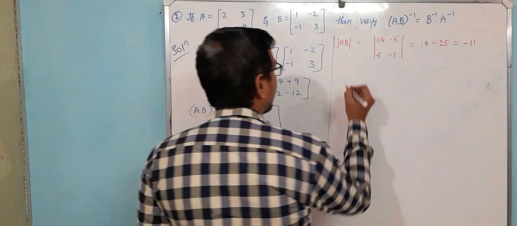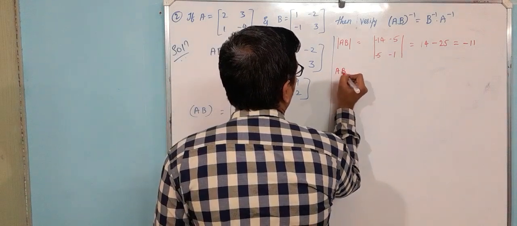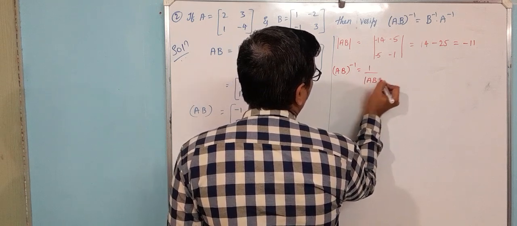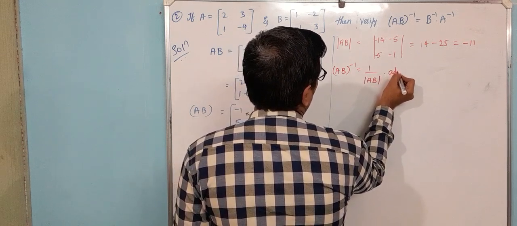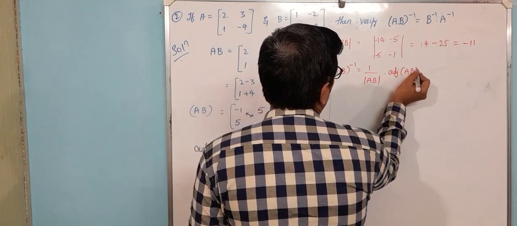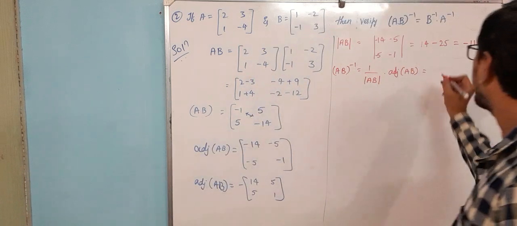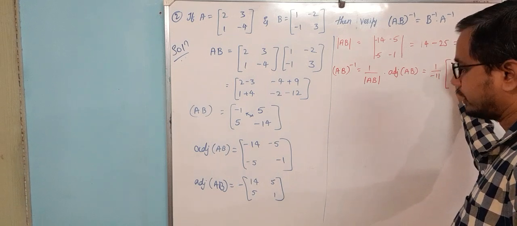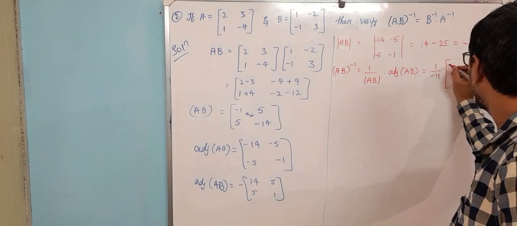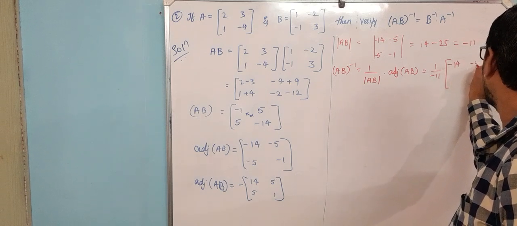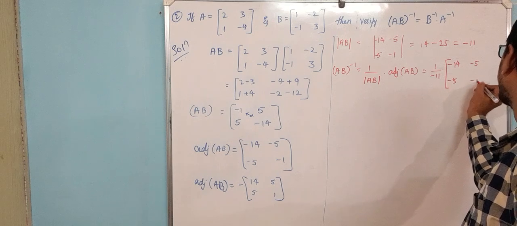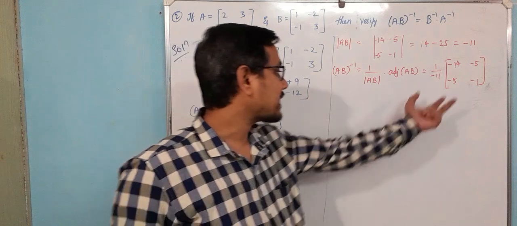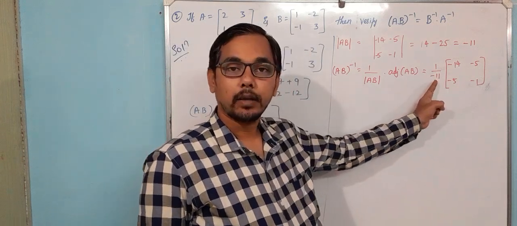Now it's time to calculate AB inverse. Inverse is equal to 1 upon determinant of AB into adjoint of AB. So 1 upon -11 into the adjoint of AB, which is [-14, -5; -5, -1]. The minus from this matrix comes out and gets cancelled with the minus here.